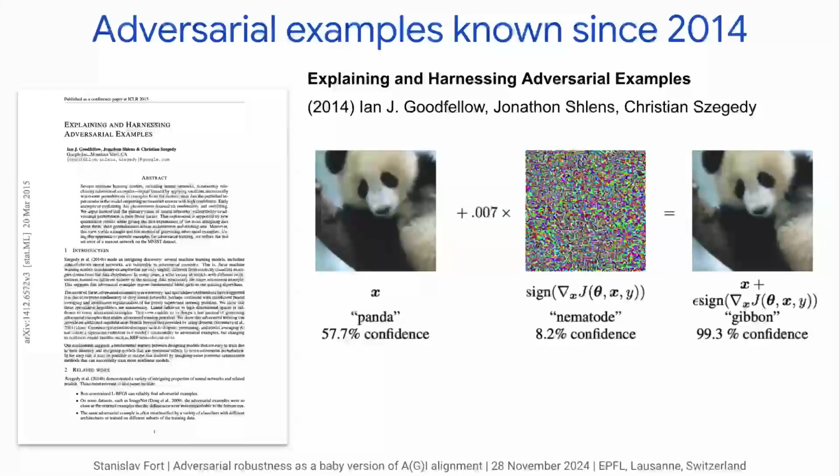So it's a very small perturbation, and I think at this resolution and color depth, you don't even see that the panda is different at the end, right? And yet it's a gibbon to the model with very high confidence. So this is a very famous and interesting paper, poking a hole into the robustness story of neural networks.